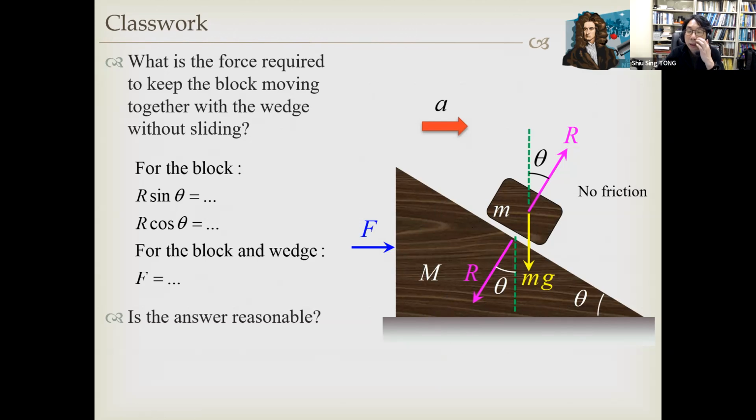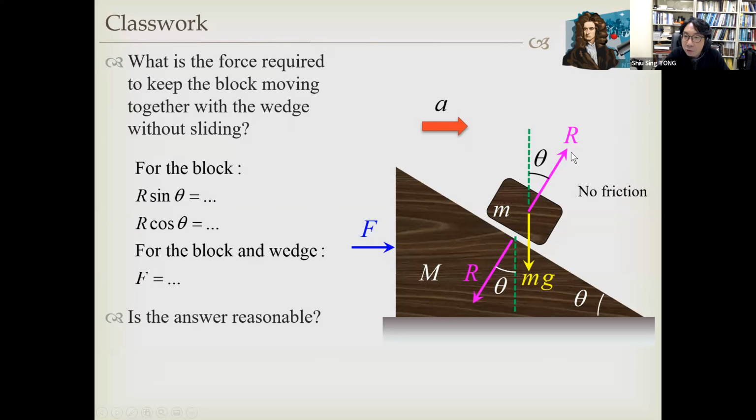Okay, so in this problem, I want you to find F. I want you to find out the force required to keep the block at rest on the inclined plane of the wedge. Now I have some hints for you. I want you to consider the free body diagram of the block.